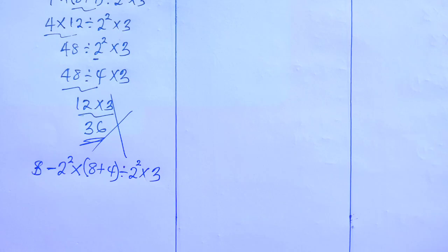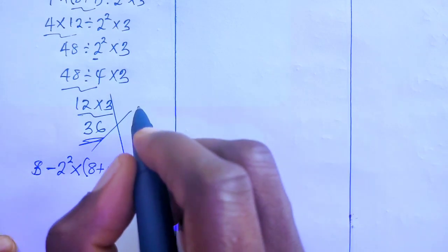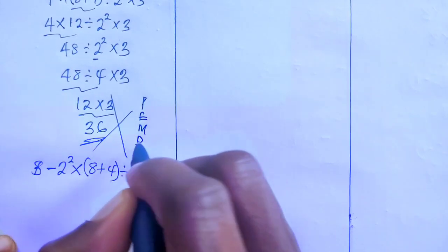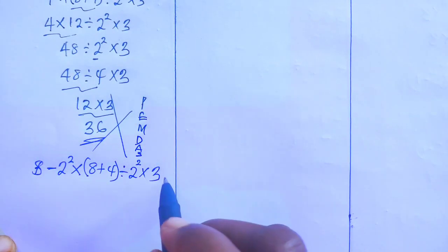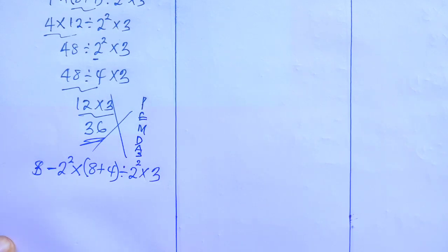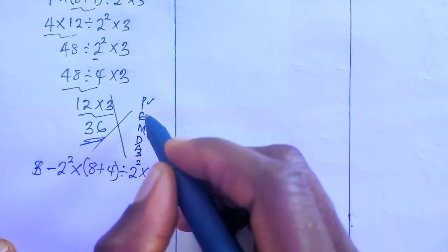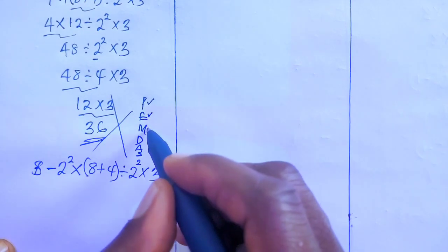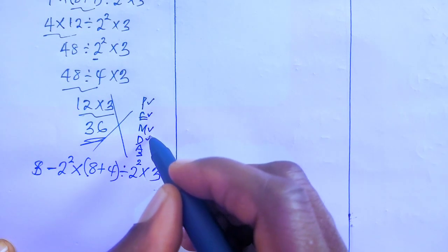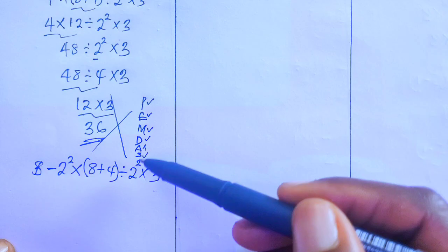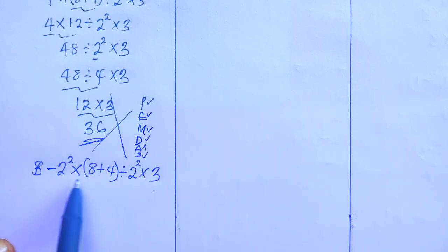Right here, we are going to consider this rule called PEMDAS, the order of operations. In this expression, we have parentheses, exponents, multiplication, division, and subtraction, but no addition. From this PEMDAS rule, we first consider parentheses.